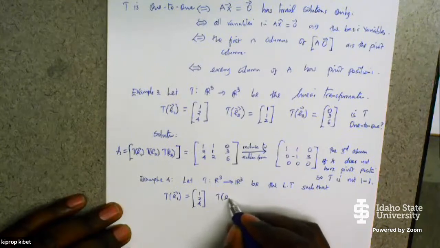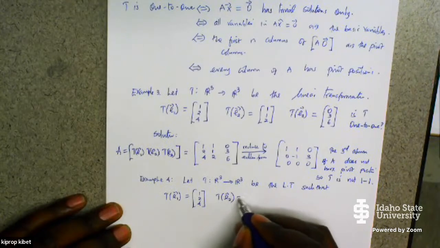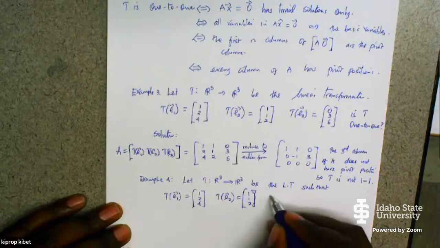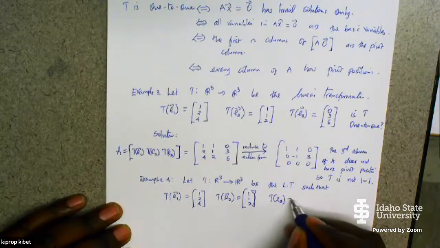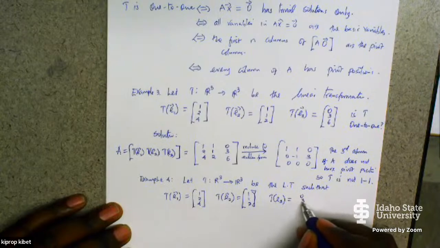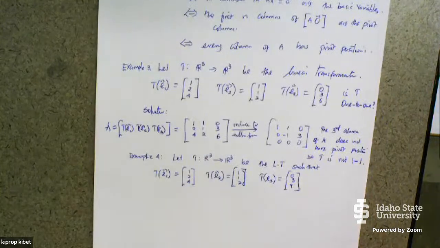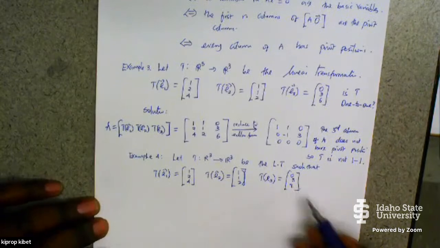T of E2 equals 1, 1, 2. And T of E3 equals 0, 3, and 9. This is similar to the first one there, but we've changed the last entry here to be 9.